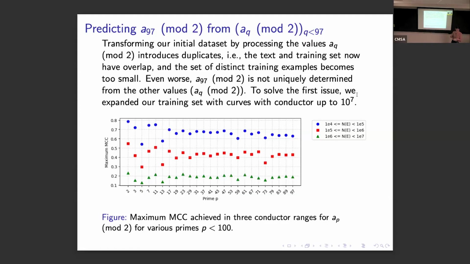Or do you try to weight things in a way? That's still something that we haven't come up with a good solution for yet. I think for the following experiment, we just kept the first instance, ordered by conductor. So it might not have been the best choice, but that's what we did.